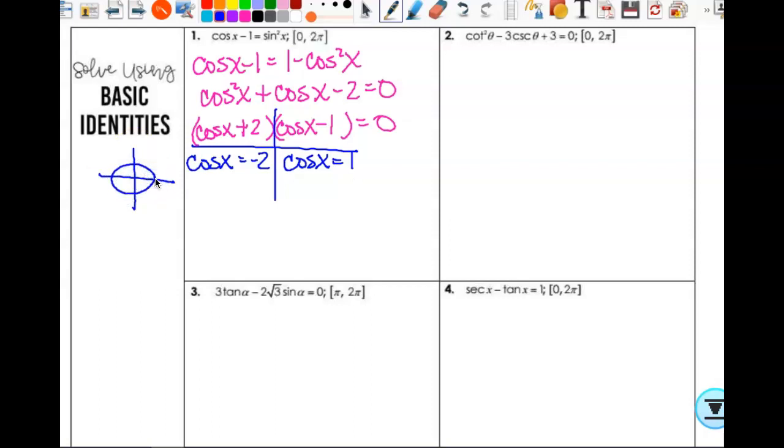So from 0 to 2 pi, what angle gives me a cosine value of negative 2? None, right? So x is equal to the empty set here. There's nothing. From 0 to 2 pi, when is cosine 1? 0 and 2 pi. Good. Which means in the end, my answer is 0 and 2 pi.